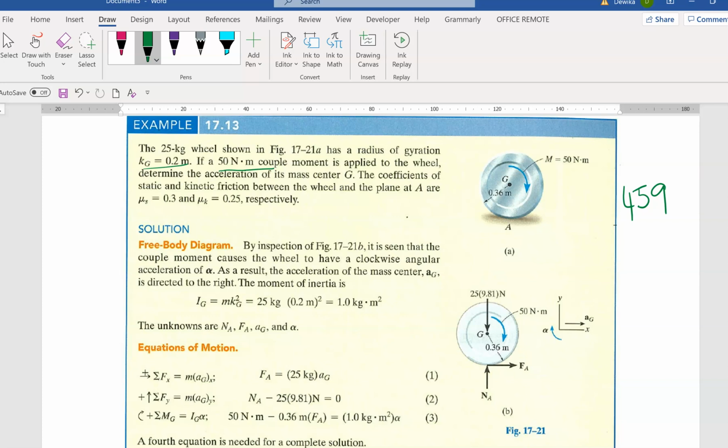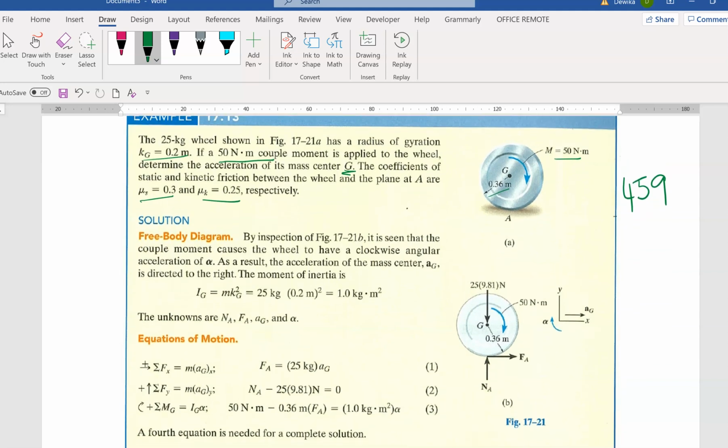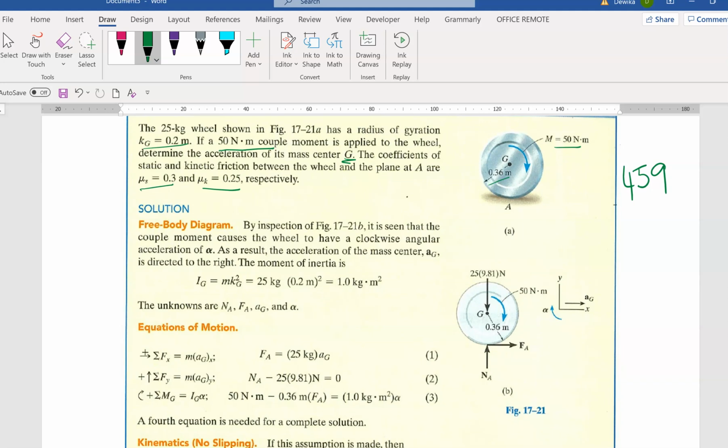If the 50 Newton meter moment couple is applied to the wheel, determine the acceleration at the mass center. The coefficients of static and kinetic friction of the wheel are given. So we have the 50 couple and the distance.